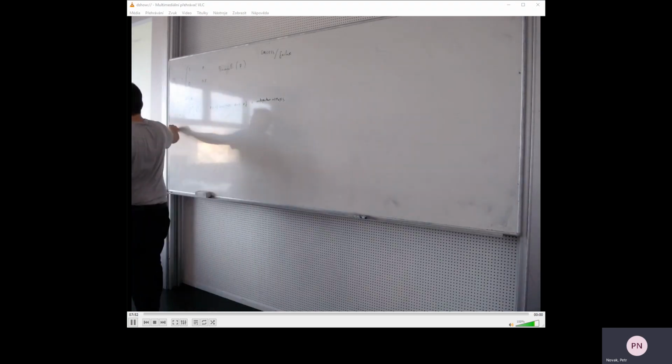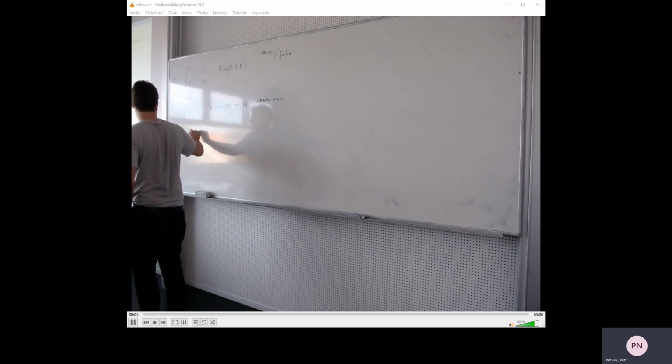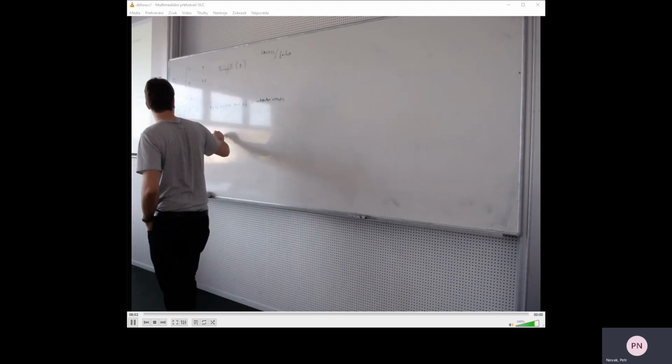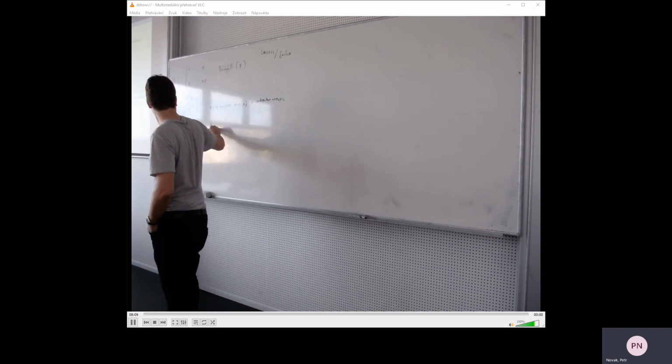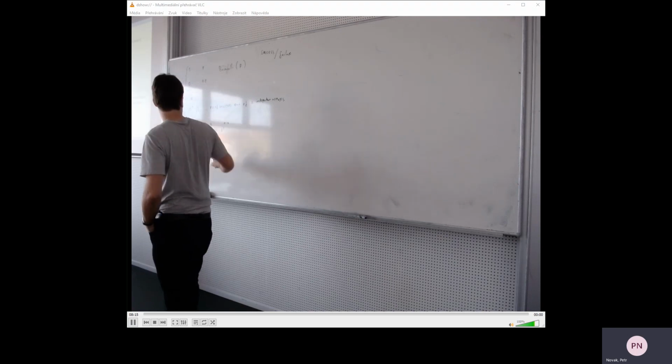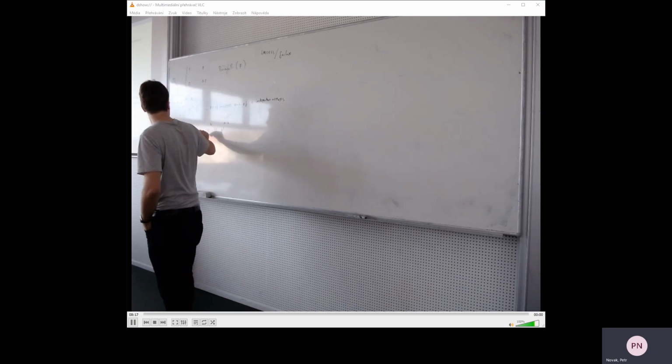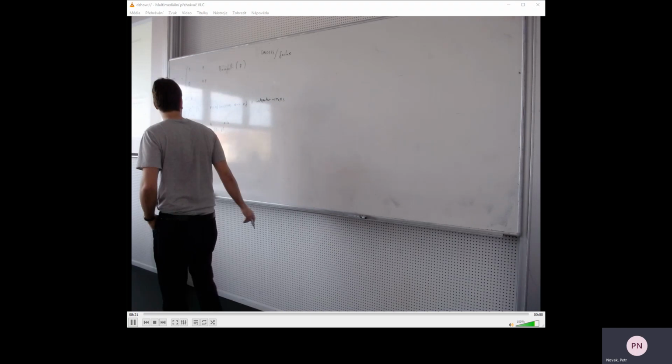It can be shown that the probability that we would have exactly k successes out of n attempts can be computed as taking the probability of success to the power of k, multiplying by the probability of failure to the power of n minus k, and multiplying by the binomial coefficient, n choose k.